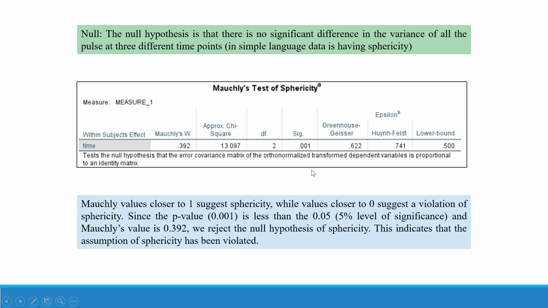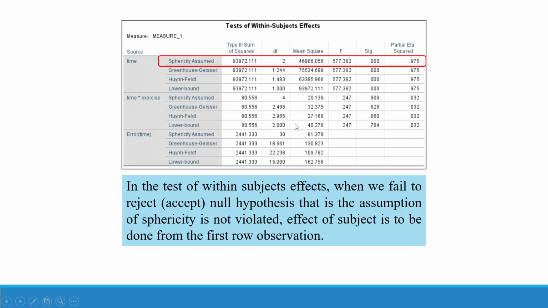If we achieve the sphericity, which means this p-value is more than 0.05, then the interpretation of within subject effects is to be done from the first row. Okay, let's read it again. In the test of within subject effects, when we fail to reject, in layman terms you can remember accept, the null hypothesis, that is the assumption of sphericity is not violated, the effect of subject is to be done from the first row observation.